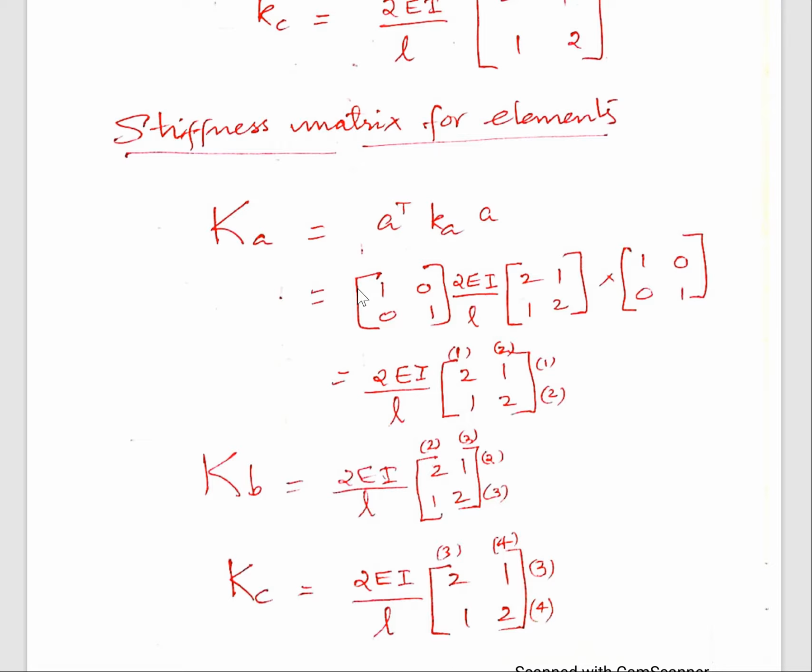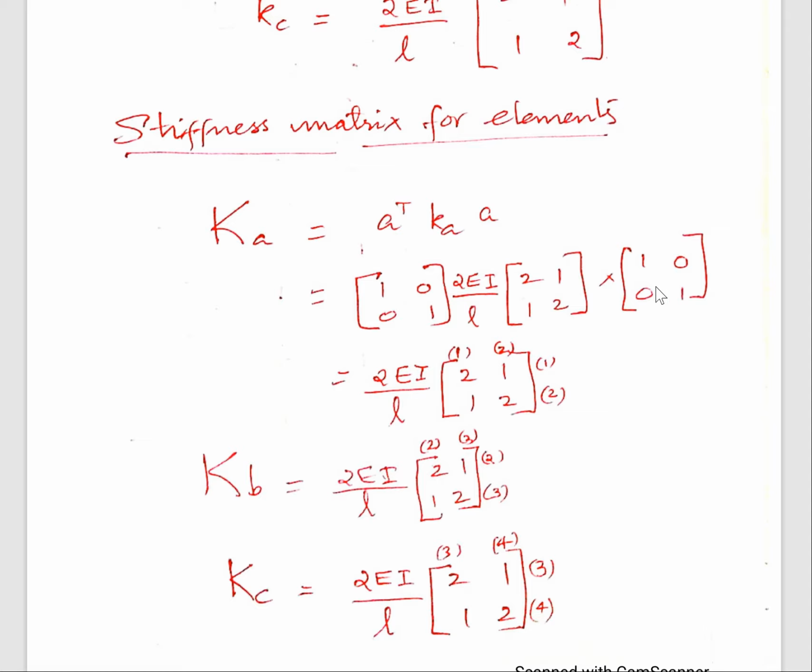So in the case of the first element, capital Ka is equal to A transpose into small ka into A. Substitute the displacement transformation matrix corresponding to that particular element, take the transpose, multiply with the element stiffness matrix of that element, then again multiply with the displacement transformation matrix of that element.